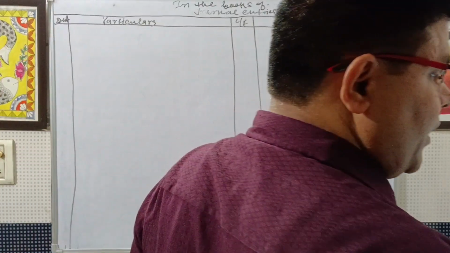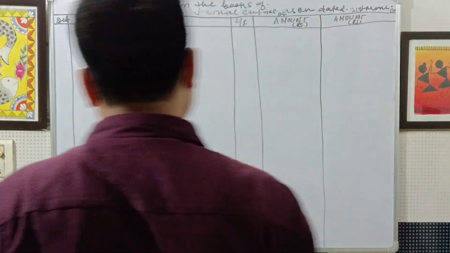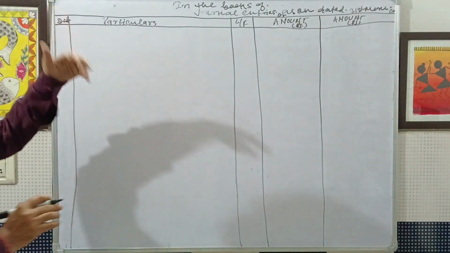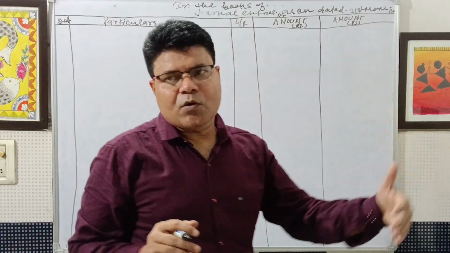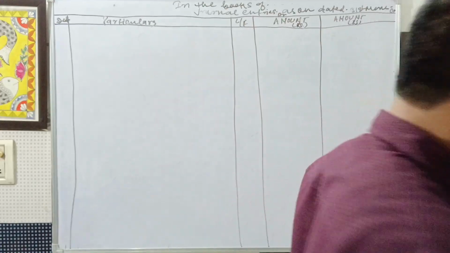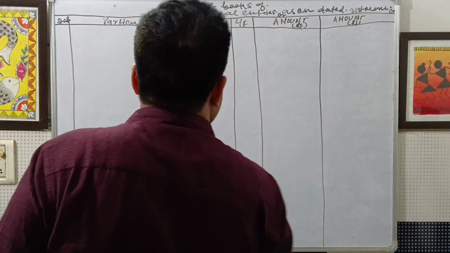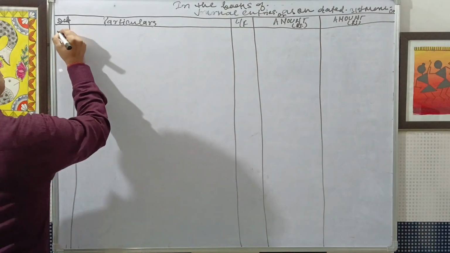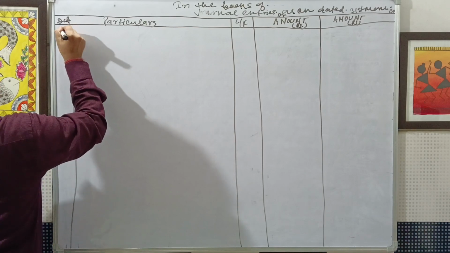On 1st April 2022, 2,50,000, machine was purchased. So what is this entry? The machine was purchased, so the journal entry is machinery account debit to bank account. 1st April 2022.